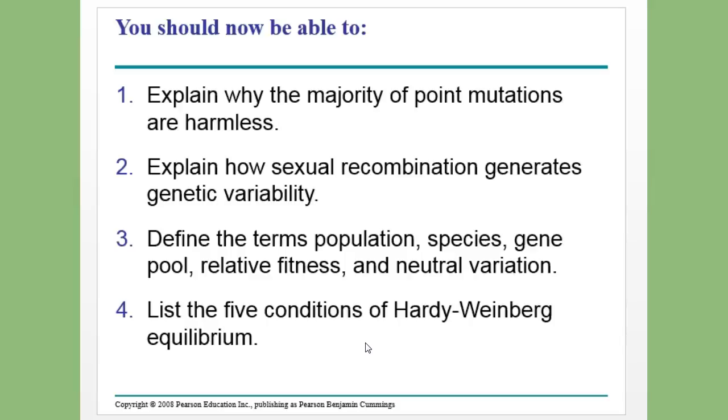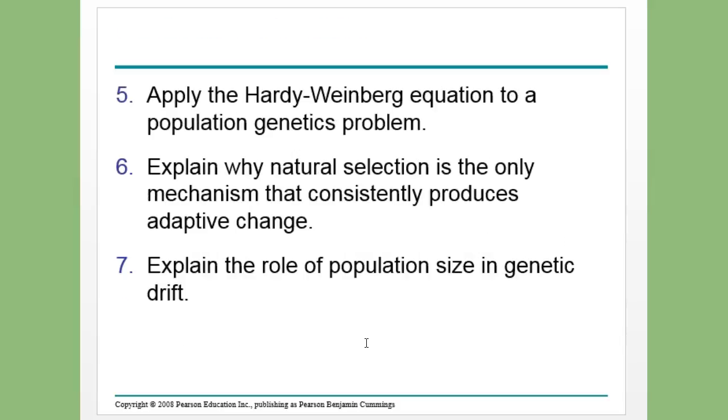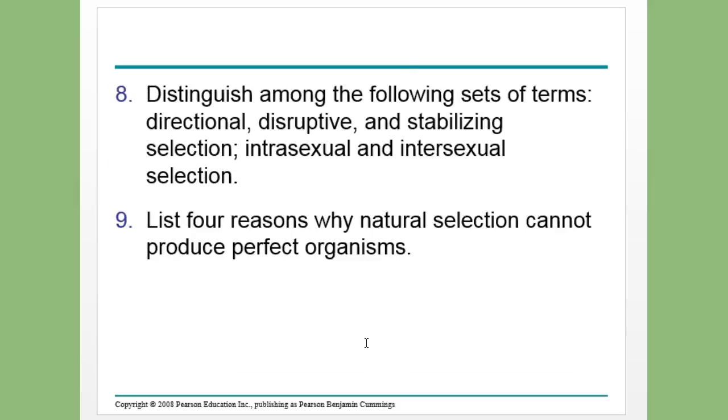Alright, you need to be able to explain why the majority of point mutations are harmless, how sexual recombination of gametes generates genetic variability, know your terms, be able to list the Hardy-Weinberg equilibrium conditions, apply the equation, explain natural selection and how it is the only one that consistently produces adaptive change, and explain the role of population size and genetic drift. Also be able to know the difference in the different types of selection and why natural selection cannot perfect a population. Alright, that wraps that up.